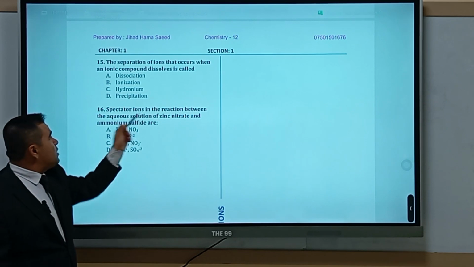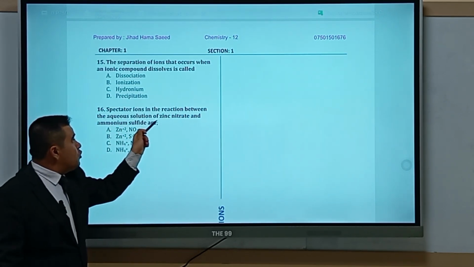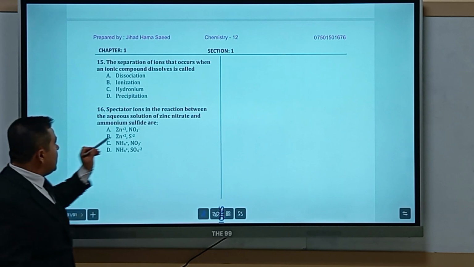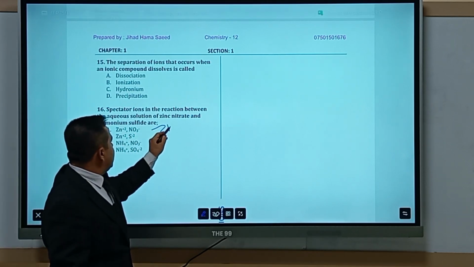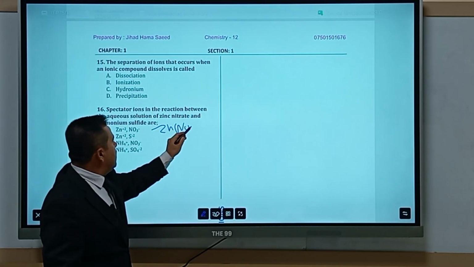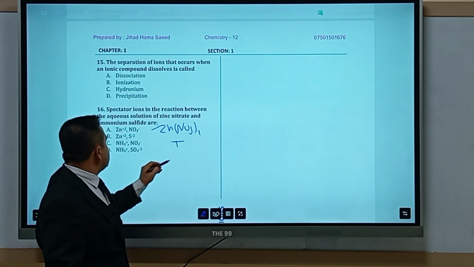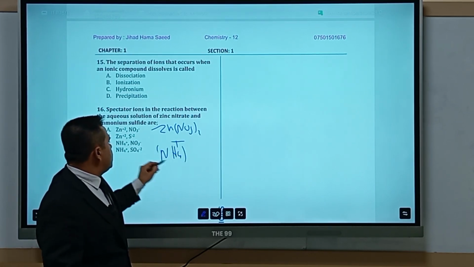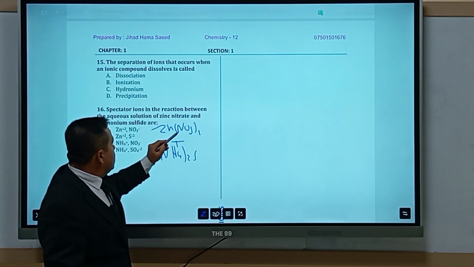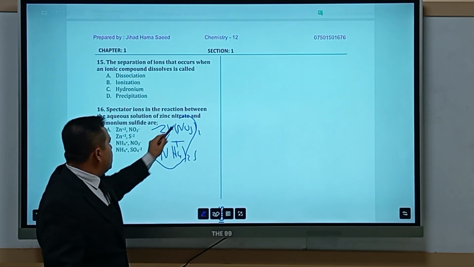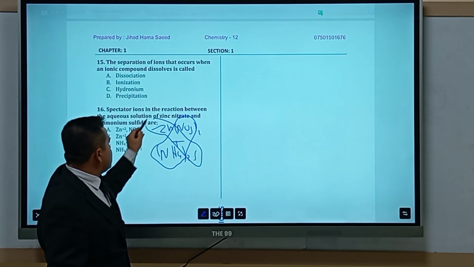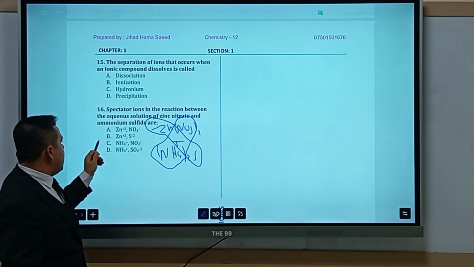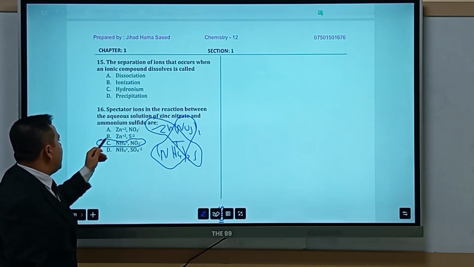Spectator ions in the reaction between aqueous solutions of zinc nitrate and ammonium sulfide: Zn(NO3)2 plus (NH4)2S. So ammonium nitrate will be formed with the zinc sulfide. It requires the spectator. The spectator ions are ammonium and nitrate.